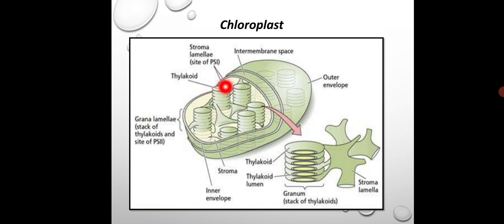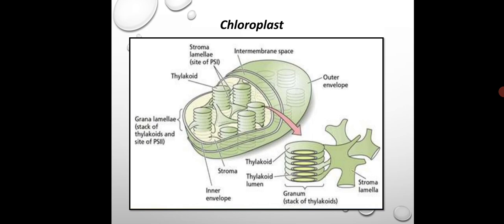Inside the thylakoid there is the thylakoid lumen. Photosynthesis takes place in the thylakoid membrane.